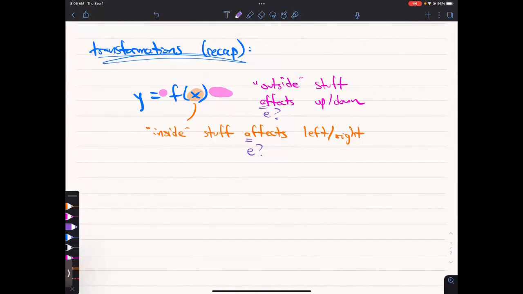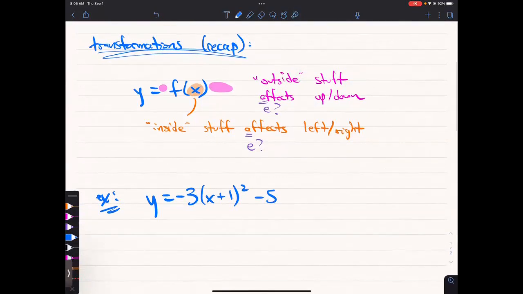Okay, so if we were to look at something like negative 3 times (x plus 1) squared minus 5, what can we say about what the graph of that function is going to look like?